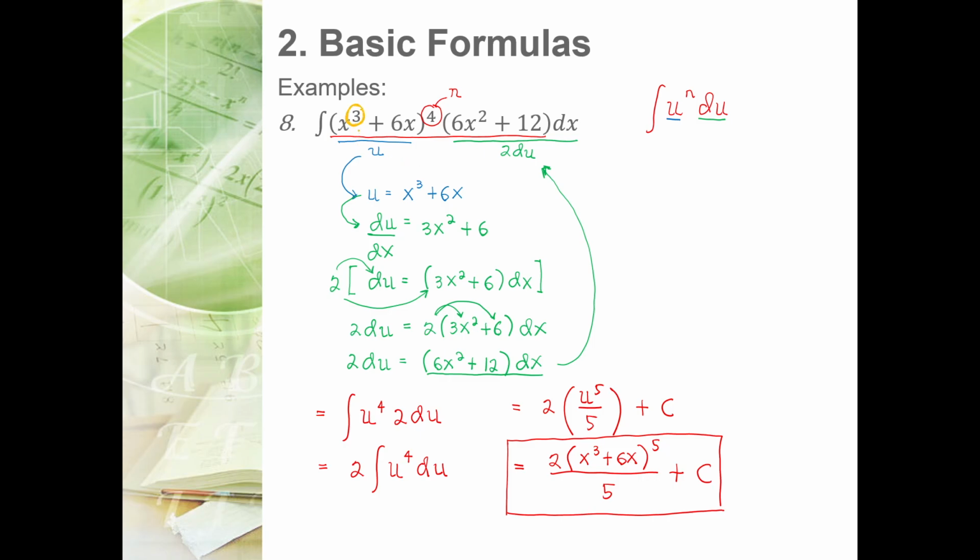And that's for the u parameter. For the du parameter, the exponent is 2. So always take note that the degree of the u parameter is always higher compared to the du parameter.